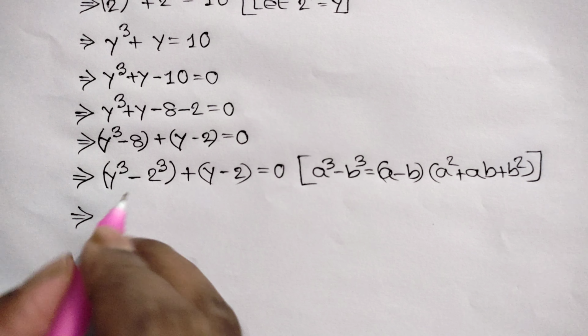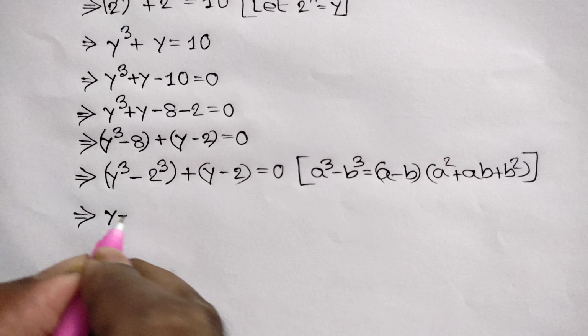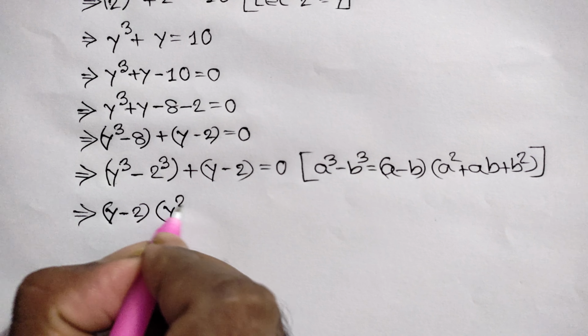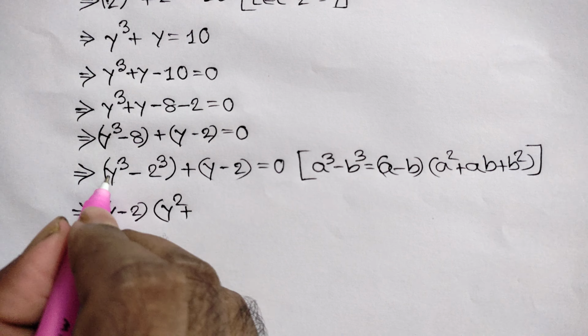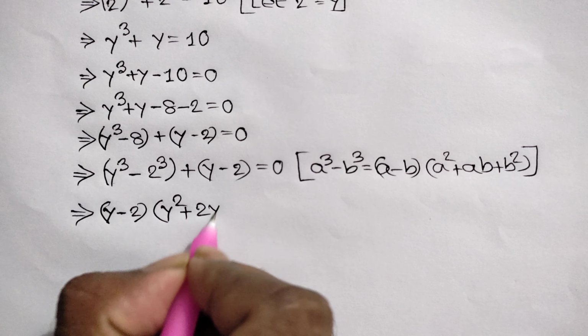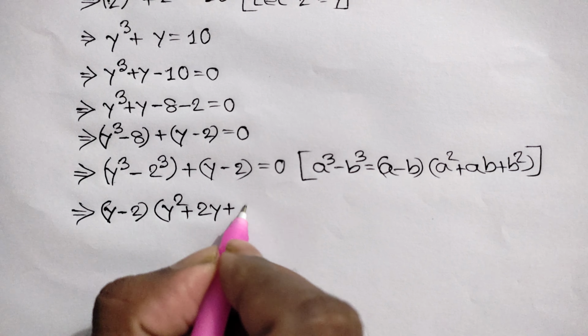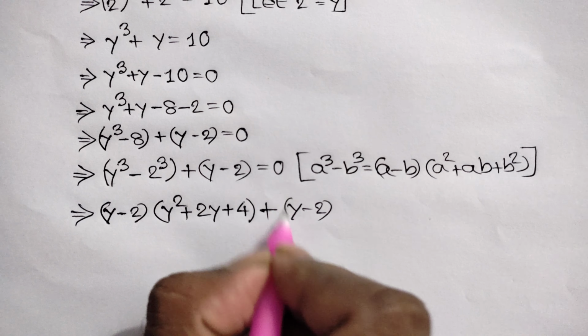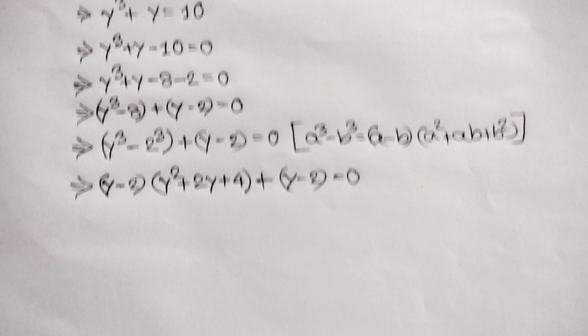Applying this formula here, we can write y minus 2 times y square plus y times 2, that means twice y, plus 2 square, that means 4, plus y minus 2 is equal to 0.